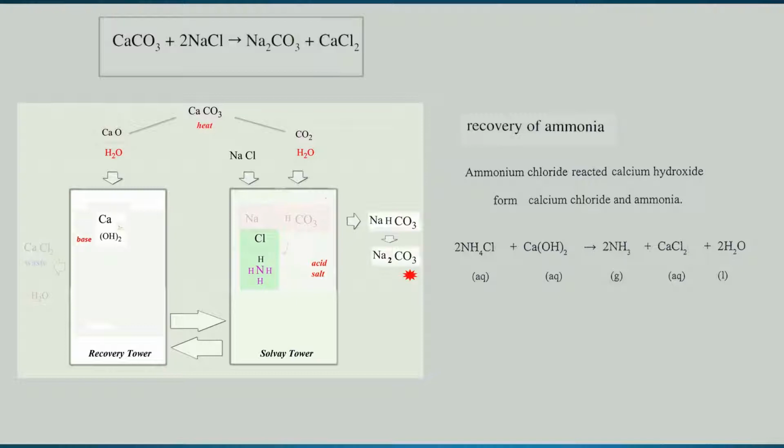So if I channel it to the recovery tower, the base area, what will happen? The reaction going to form is an acid and base reaction again. So it will form calcium chloride, and this is the waste that we don't want.